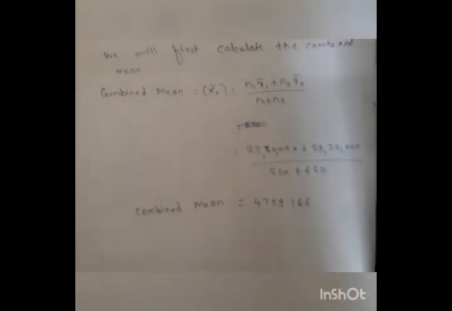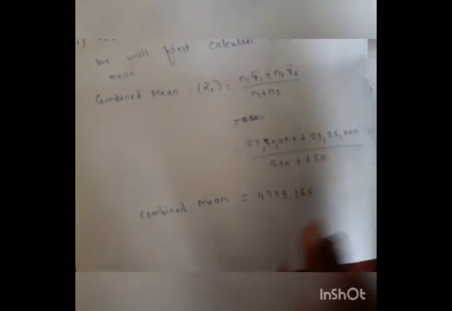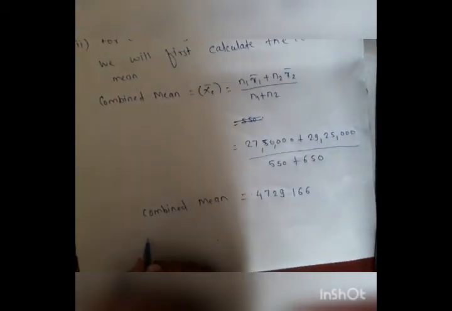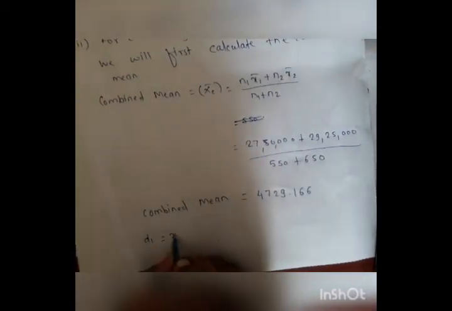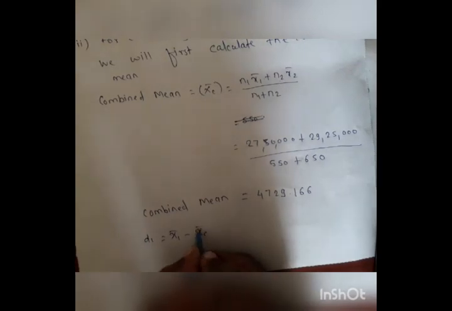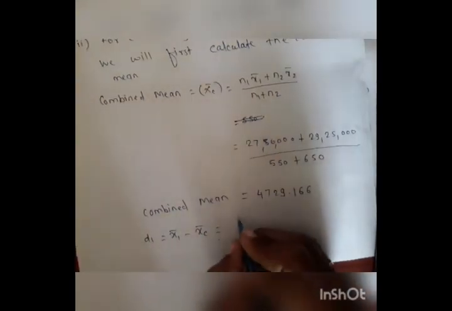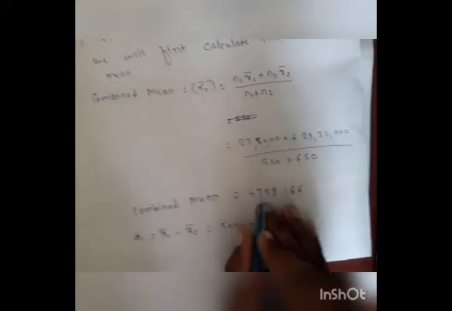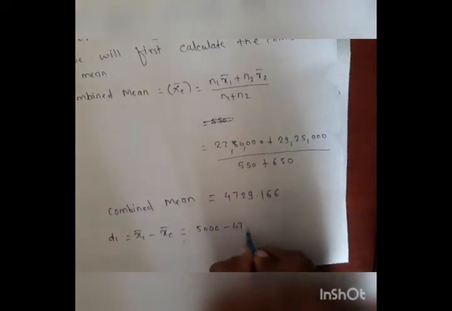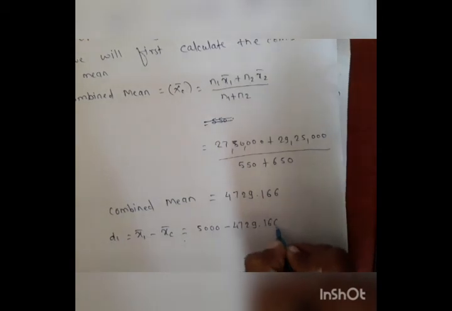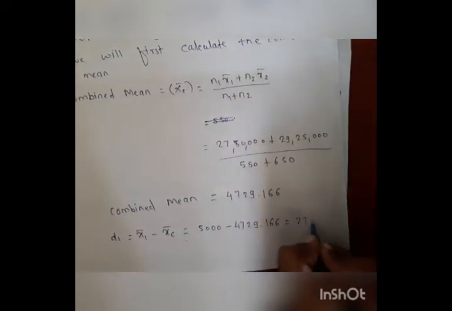Then for the combined standard deviation, first we calculate d1, which is equal to x1 bar minus xc bar, that is 5,000 minus 4,729.166, which is equal to 270.834.